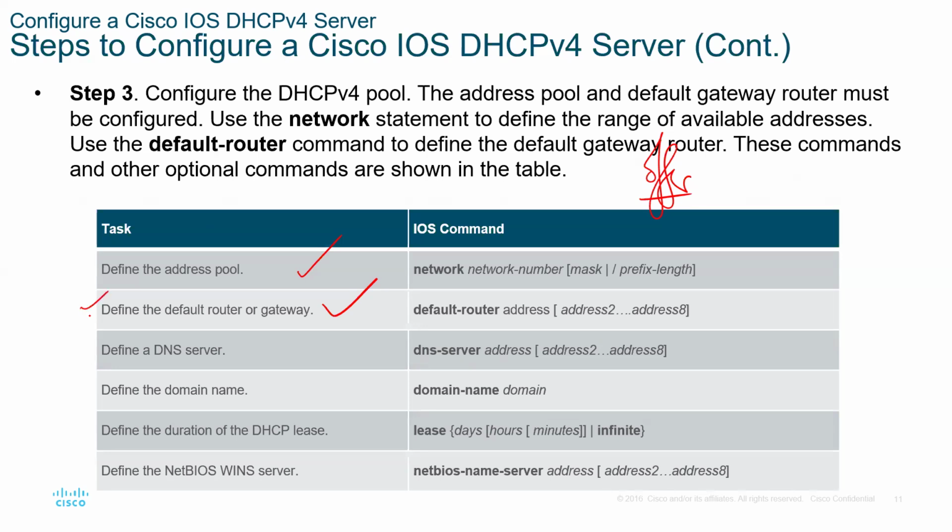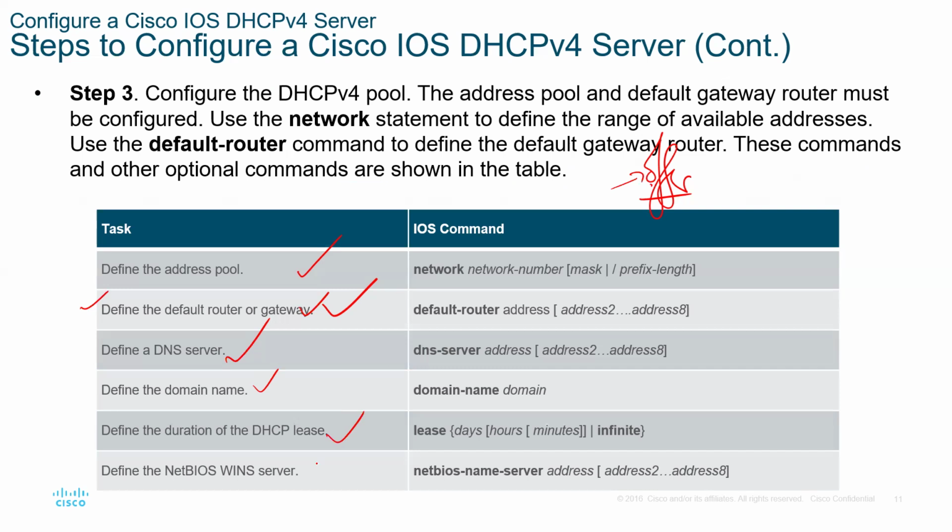So every time an offer is sent from the server, it will include the default gateway. Then from there, we have the DNS server. The offer will also include the DNS server. Therefore, you need to define it on the router. You need to define the domain name. You need to define the lease, the duration of the lease.